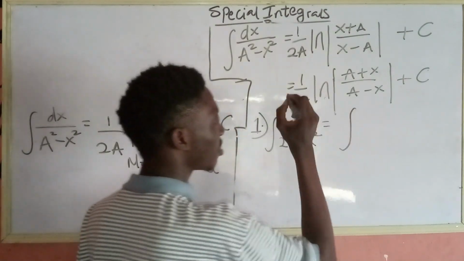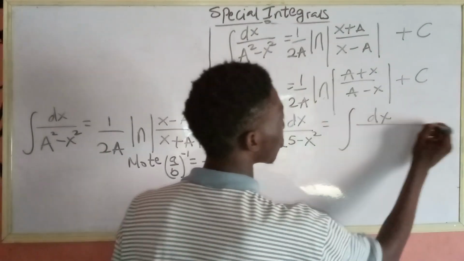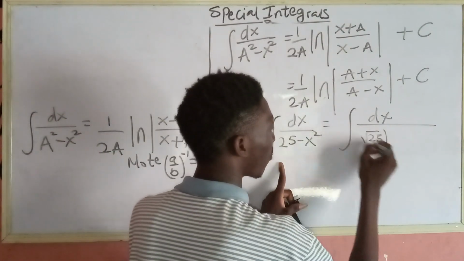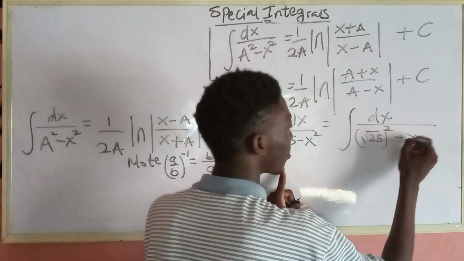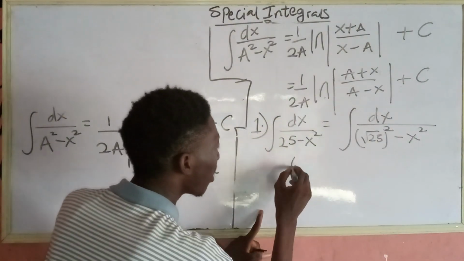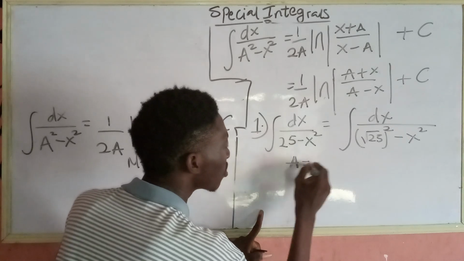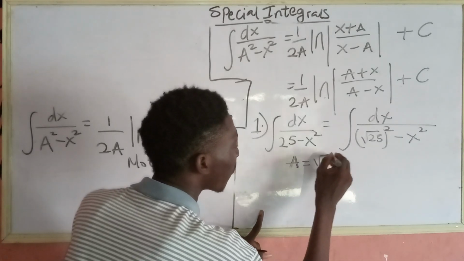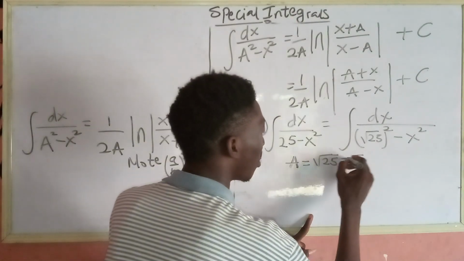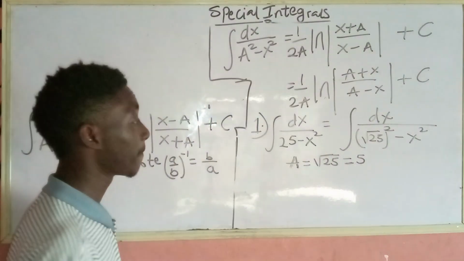I've told you always, we change it. So this becomes the square root of 25 squared minus x squared. And my a here will be the square root of 25. Can you get that? And that is equal to 5.